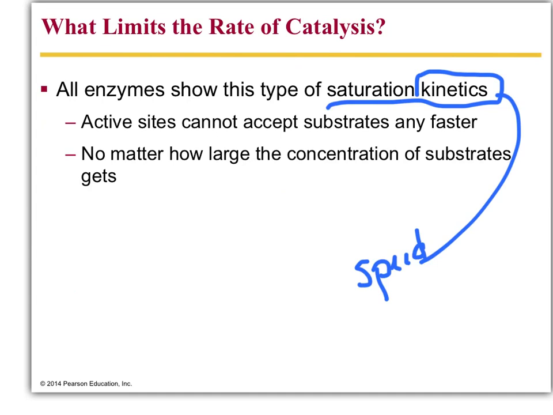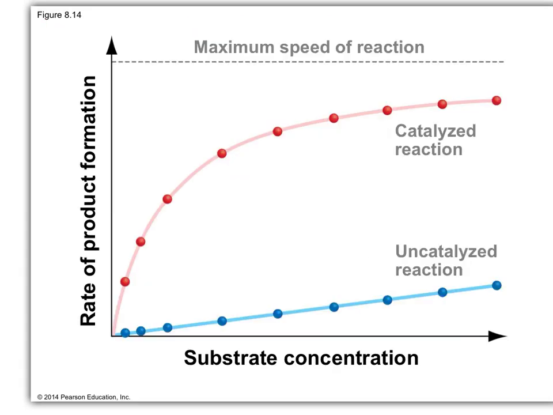Remember I told you, almost all enzymes increase the speed of a reaction. Well, I think that I was actually wrong. I think all enzymes increase the speed of reaction. Some of them don't increase it very much. They increase it from not going to going. But at some point, you can only go so fast because you can only do so much catalysis at a time.